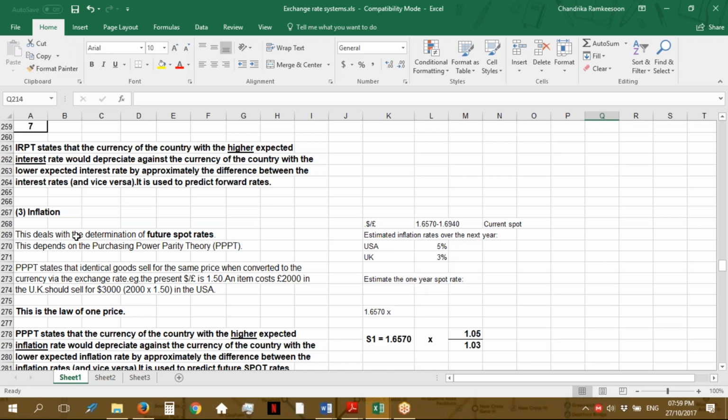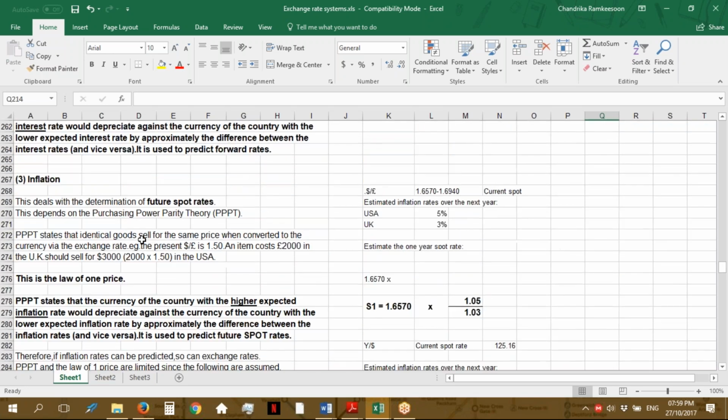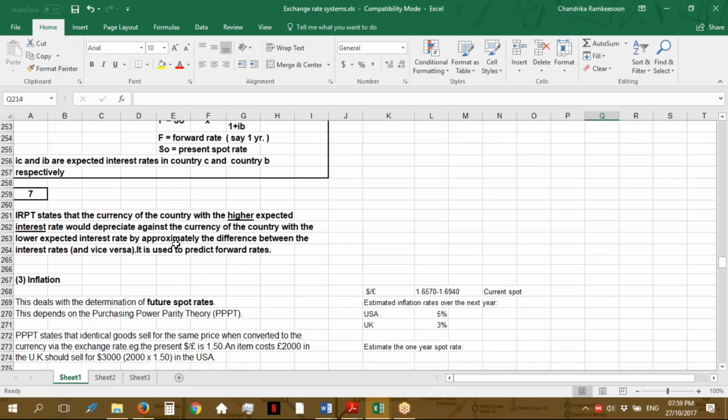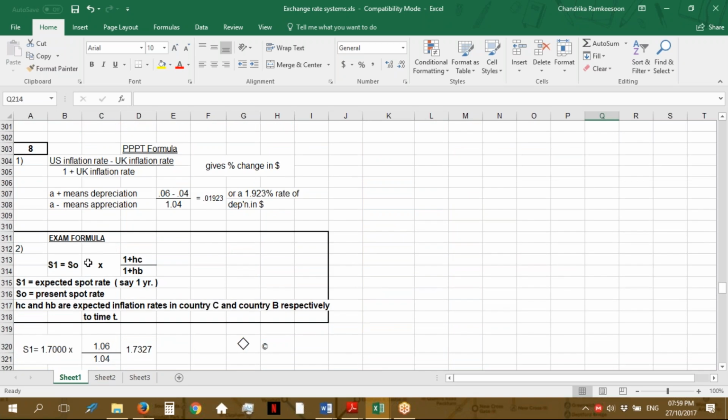Now, the examiner expects you, as I said, to know how to use something called purchasing power parity theory in order to estimate future spot rates. He gives you this formula in the exam. Because he does not tell you what the terms mean, you need to use the formula.